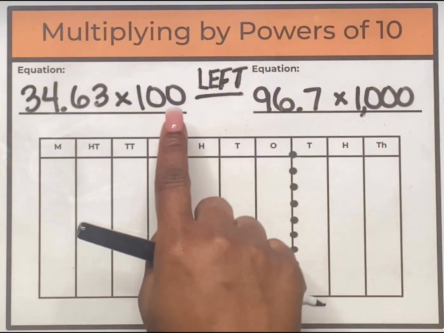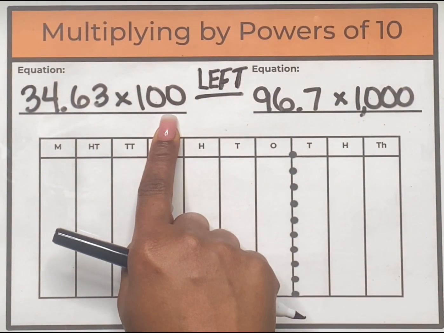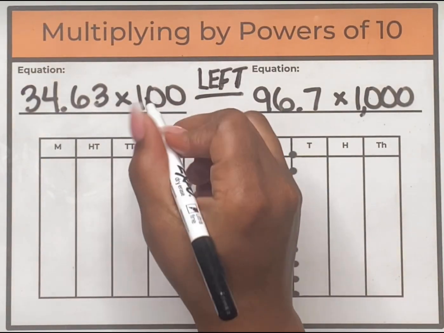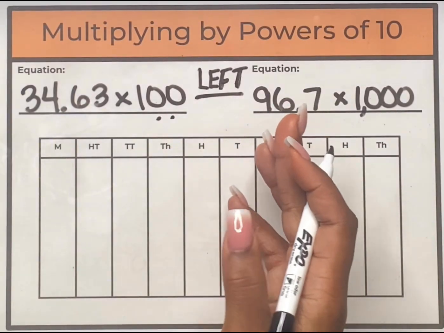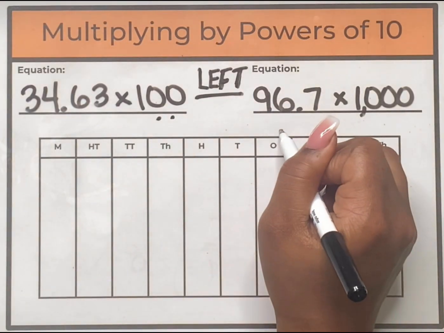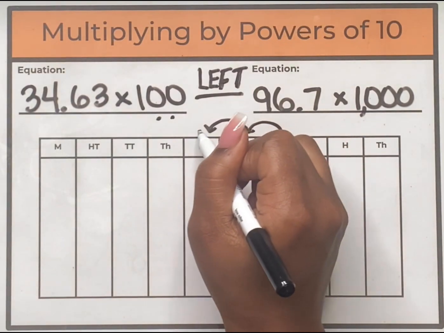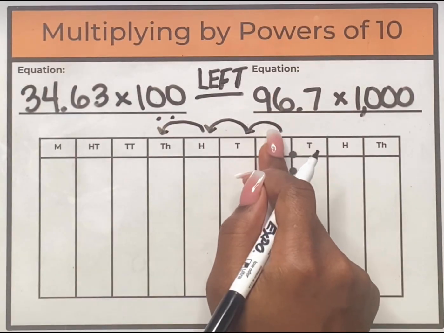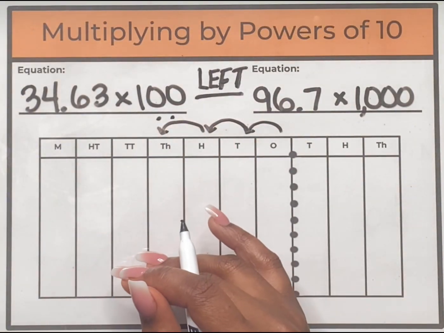So now that I know I'm going to go to the left, I need to decide how many times. You can look at the zeros in this number, or you can think about how in a place value chart, each location to the left is 10 times greater than the next one.